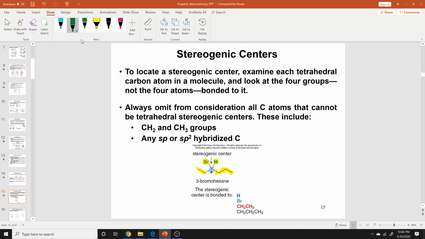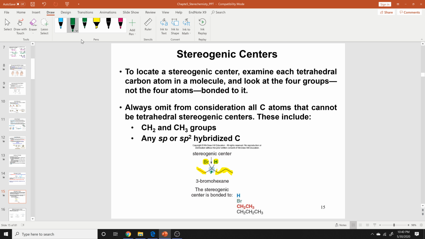Normally, chiral centers are sp3 hybridization. We're going to omit all carbons that cannot be tetrahedral stereogenic centers. We're going to omit the CH2s, the CH3s, because they cannot have 4 different groups around them. They already have 2 hydrogens that are the same here and 3 hydrogens that are the same there.